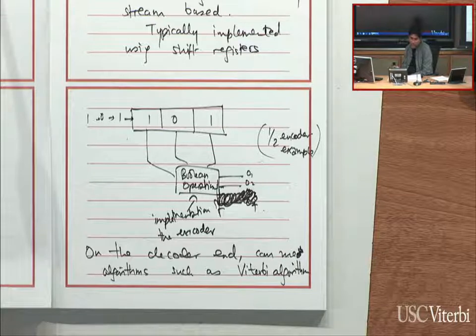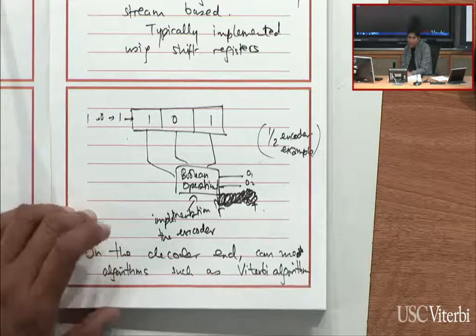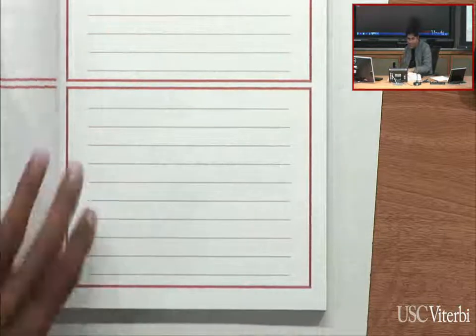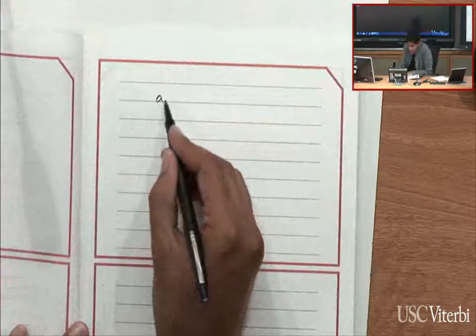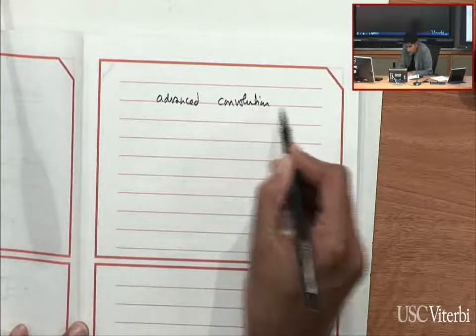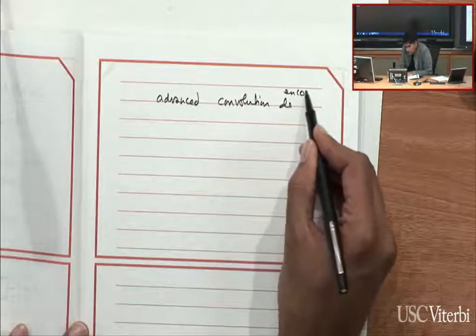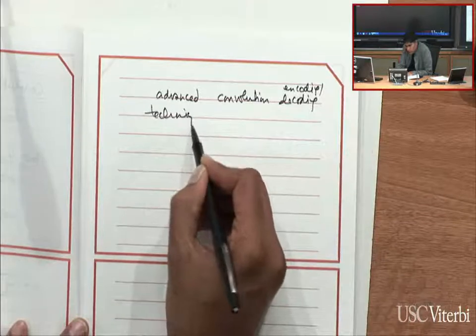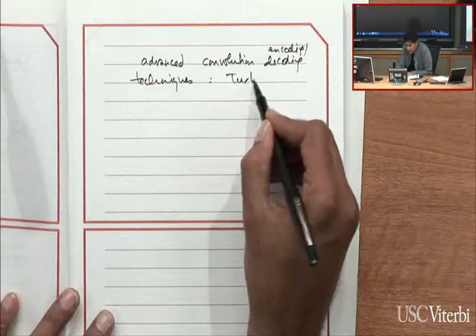Okay, and this algorithm and implementations of this algorithm are used in virtually every mobile phone, even now, that uses convolutional codes. There are more advanced versions of convolutional encoding and decoding that go by names such as turbo coding, if you've heard of that.